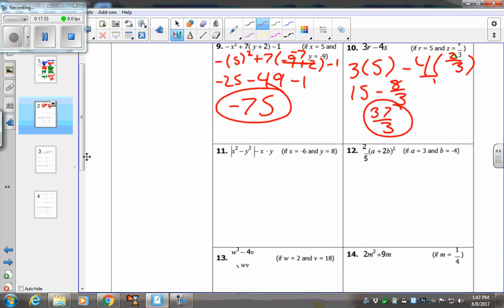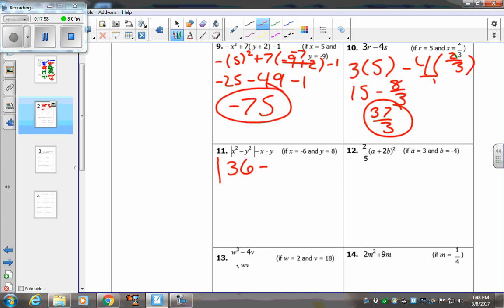All right. Number 11. The absolute value of x squared. All right. I'm going to go ahead and do the math before we even plug in. X squared. What is negative 6 squared? 36.